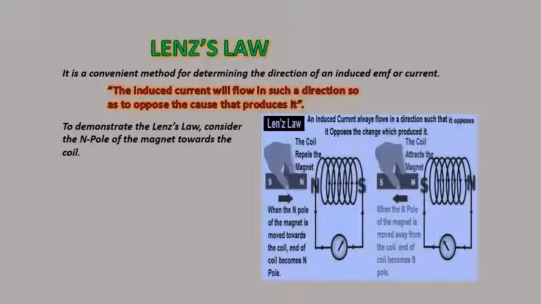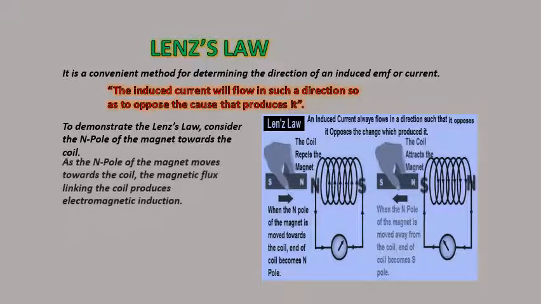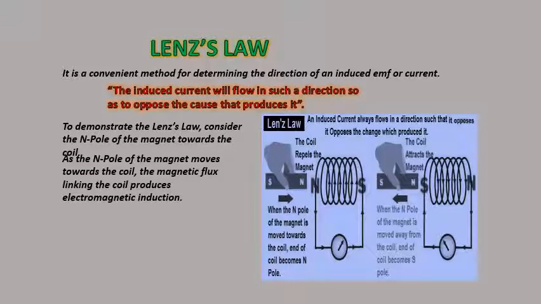So basically this is Lenz's law, in which the induced current will flow in such a direction so as to oppose the cause that produces it. Now what is the cause here? The cause is the increasing flux.